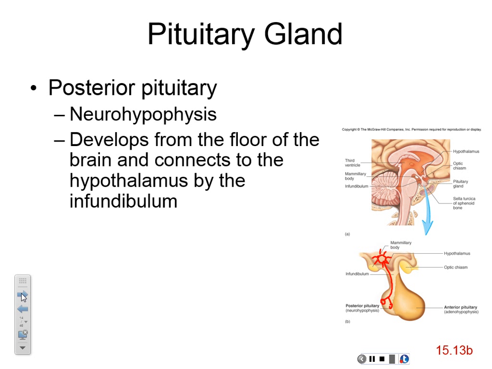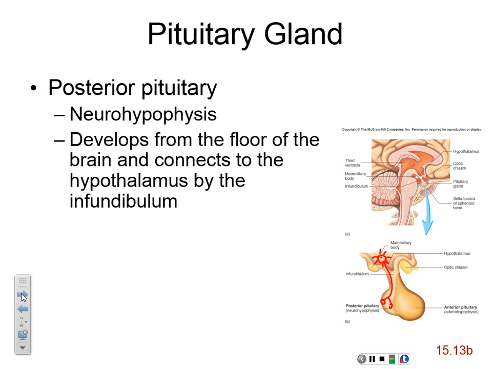What actually happens is that the cell bodies in the hypothalamus produce those hormones. Then they are packaged in very tiny vesicles and travel along the axon. Then they are packaged in bigger synaptic vesicles, just like at a neuromuscular junction, and those hormones are stored here in the synaptic terminals.